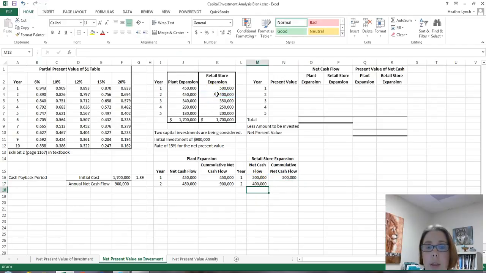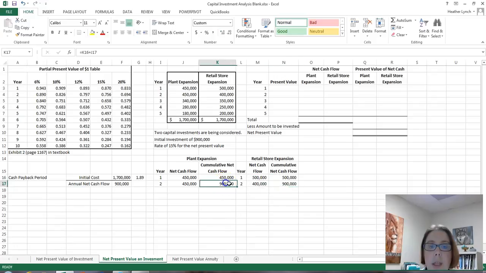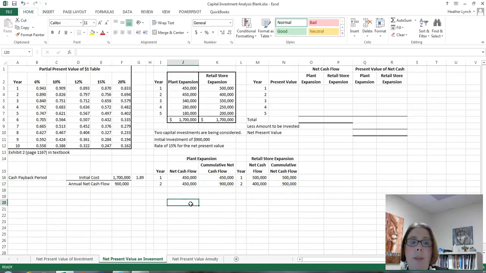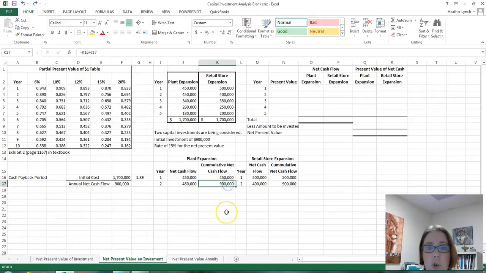This is $400,000 plus this one. So both of them, it's going to take me 2 years to recoup that initial investment of $900,000. If this would have only been, let's say, $250,000, then we would have had to do another year to determine what the actual cumulative net cash flow is, or how many years it takes to recuperate.